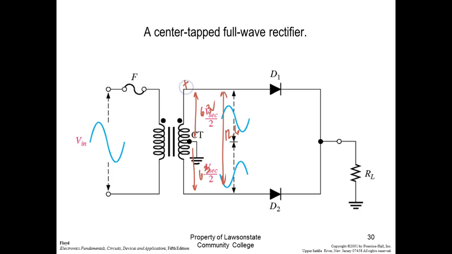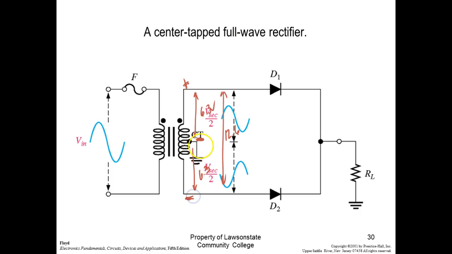But when this is positive, this side down here is going to be negative, all the way across the transformer. This is 6.3, this is 6.3. So on this one, if this is positive, the center tap is negative with respect to that positive.